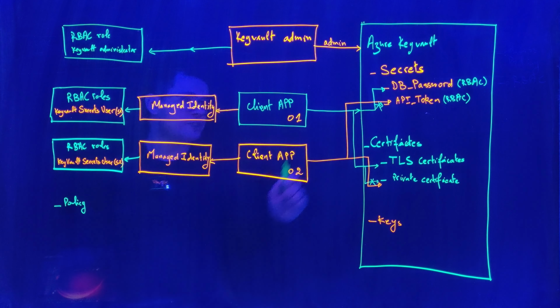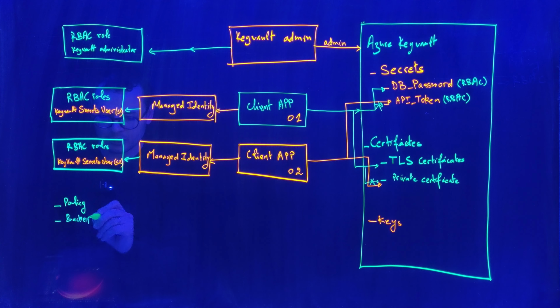Then, as part of these policies, we can define, for example, that I should always enable soft delete and disable purging the data for my Key Vault objects. Those are actually some of the tools we use in order to secure the Key Vault and to help with the backup of Key Vault.